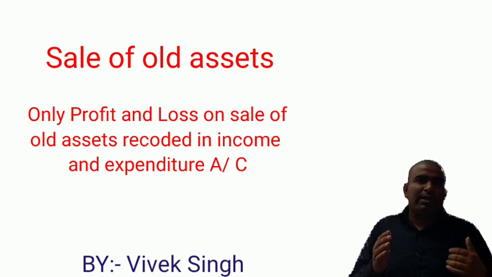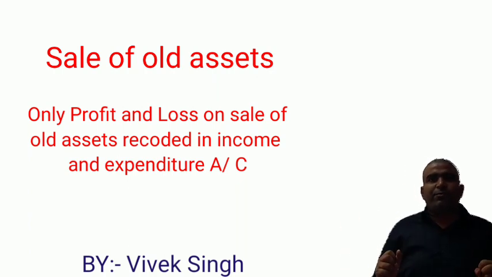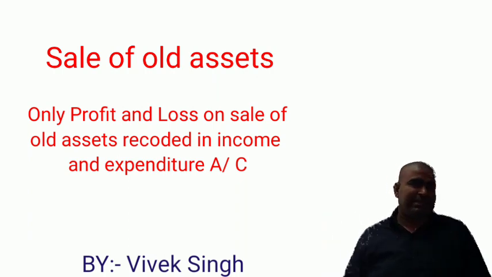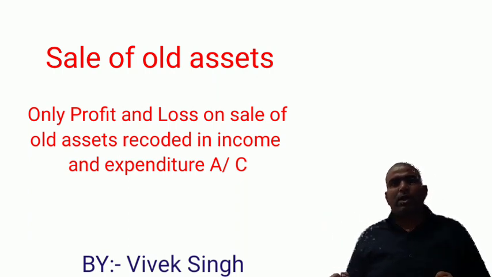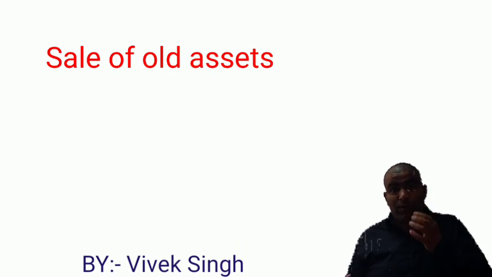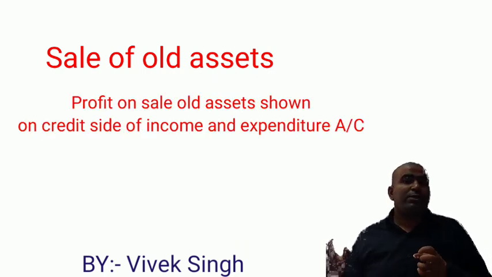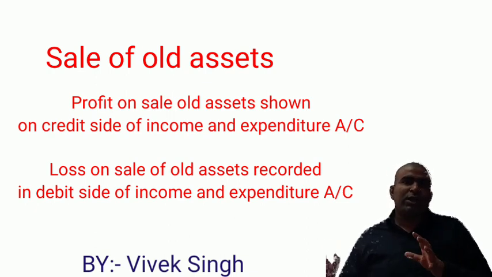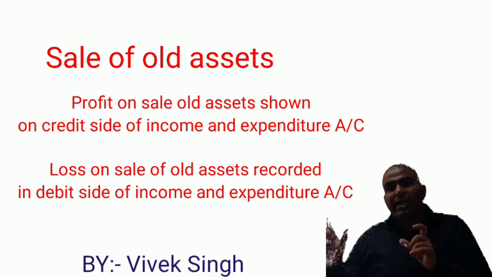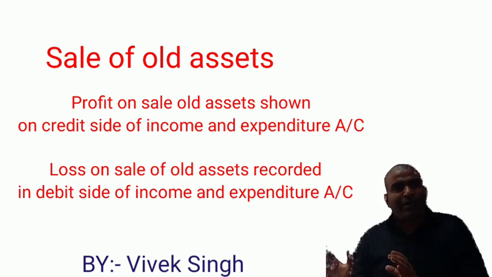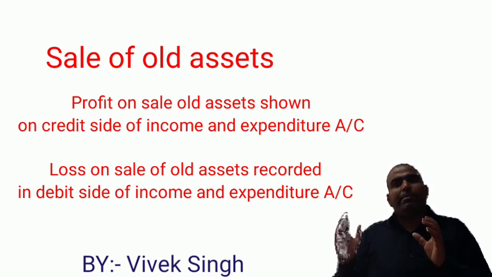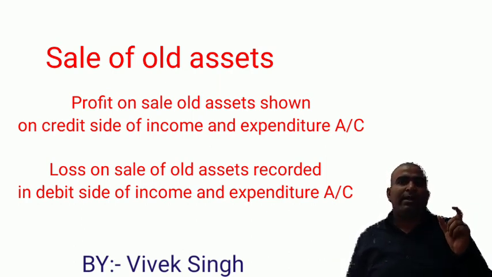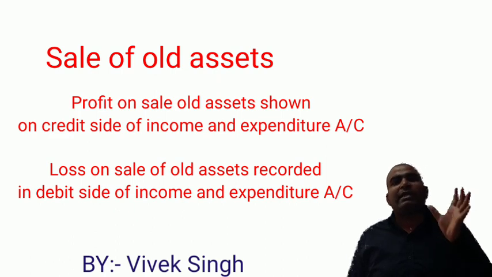The company has to record as per the profit or loss on that asset. Clear? If a company sold old assets whose original cost is rupees 5,000 but sold at rupees 5,500, it means the firm has a profit on sale of that old asset. So only that profit part should be recorded in income and expenditure account. Means the 500 is to be recorded in income and expenditure account on the income side.